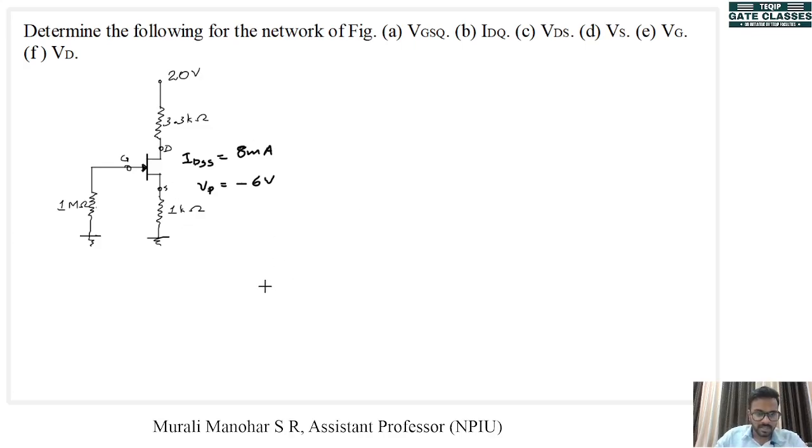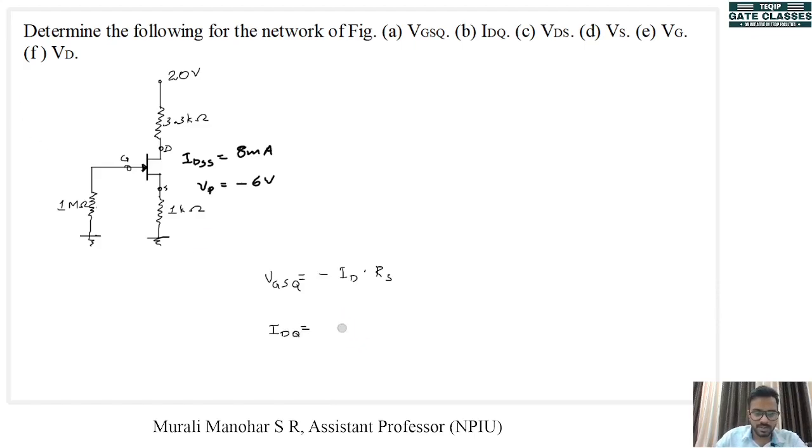So we can write the equation for VGS. VGS is given by minus ID into RS. RS is 1 kilo ohm. Now we can write the equation for ID. VGS and VGSQ are the same. ID and IDQ are the same. Now ID will be given by IDSS.